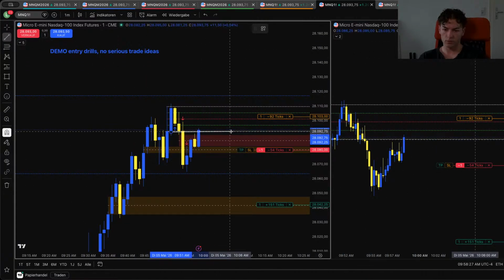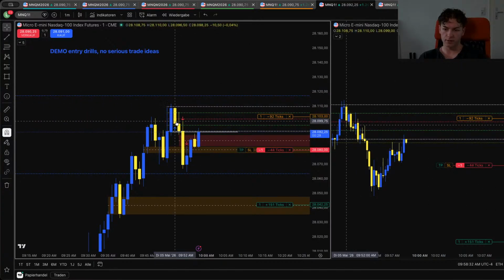Potential order block. If we close above it, that would be a breaker.